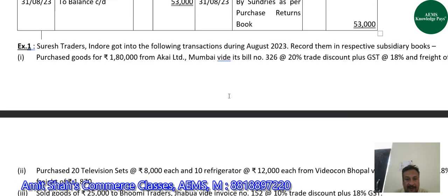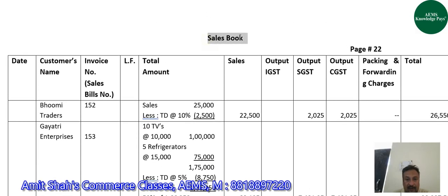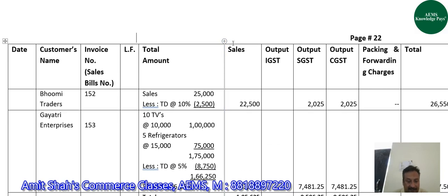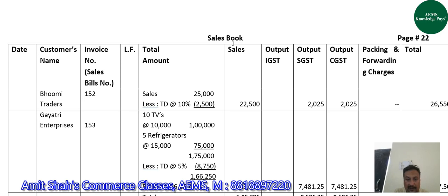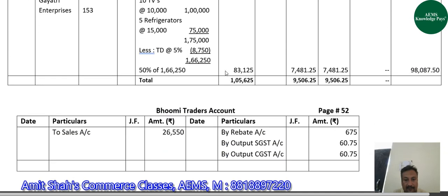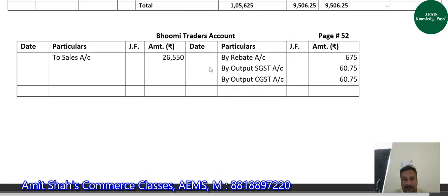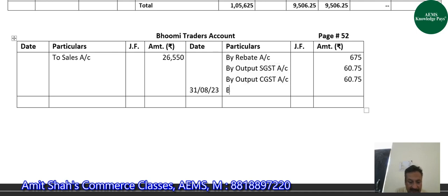Okay, so after purchase return account, next we have the sales book, the total of which we have already transferred to their respective accounts. Now, Bhumi Traders account. We need to close it, and for that we need to balance this.